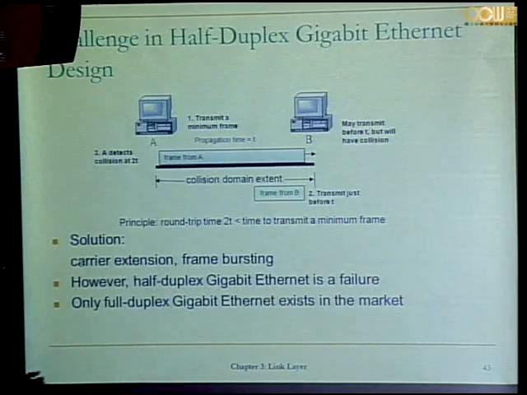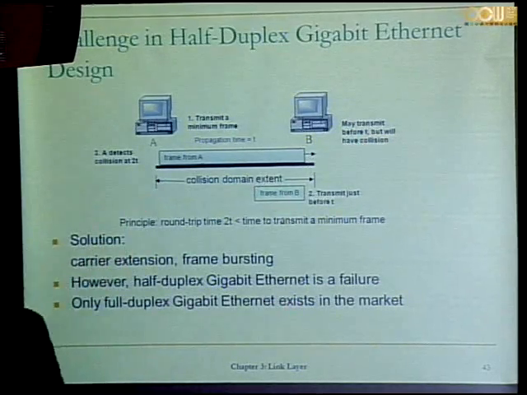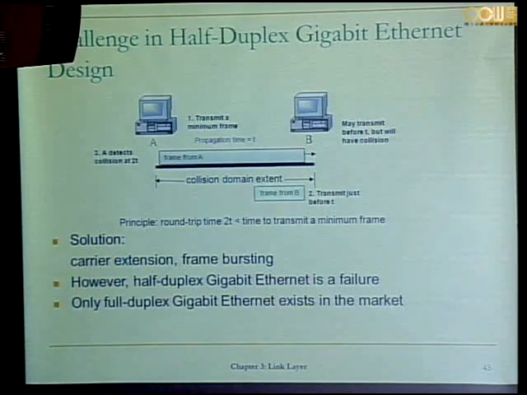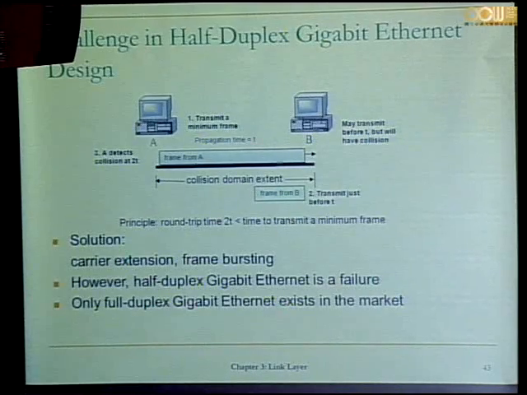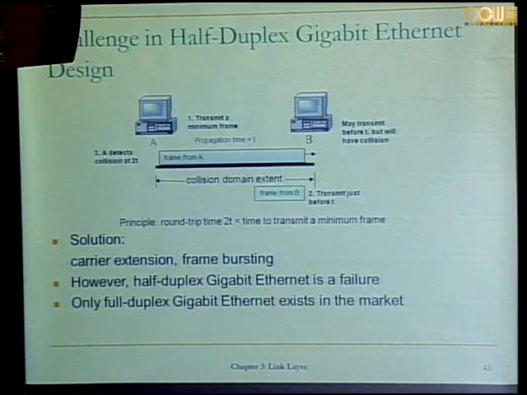Okay. If A is still transmitting the frame, that's fine. It would continue to send the jam frame, the jamming signal, to make sure everyone knows there's a collision.